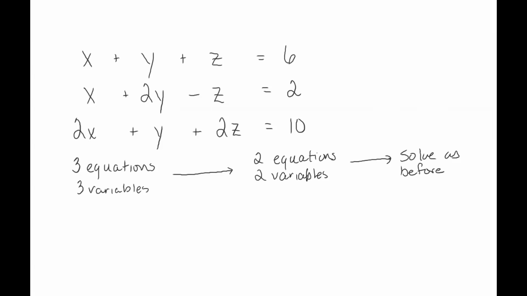I would claim that this problem isn't really any harder than the other one. It is longer, which I suppose means there's more chance for error, but it's really not harder. It's just longer. So this time it's going to be really important to have these labeled, and I'm actually going to label them this time. Let's call them equation A, equation B, equation C. So looking at these three equations, can you guys see one variable that you could eliminate by just adding two of the equations together?